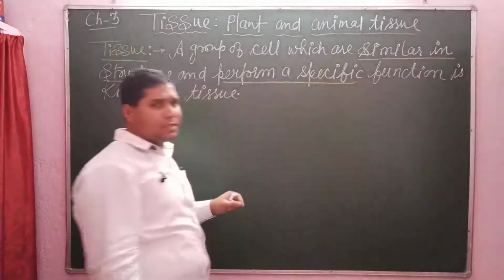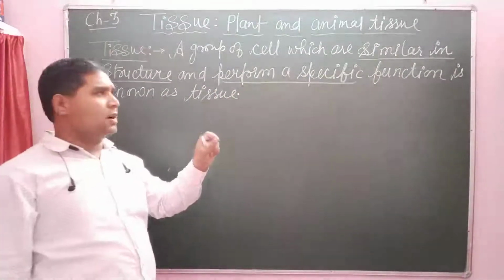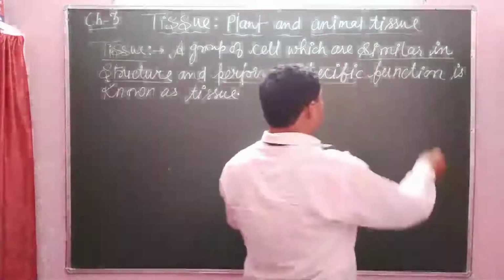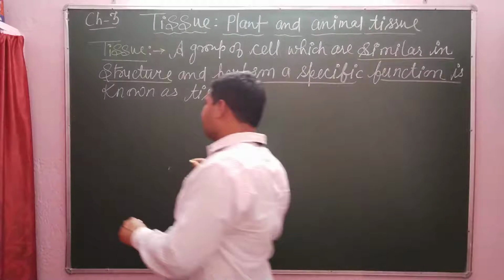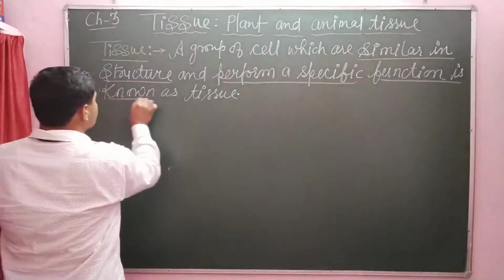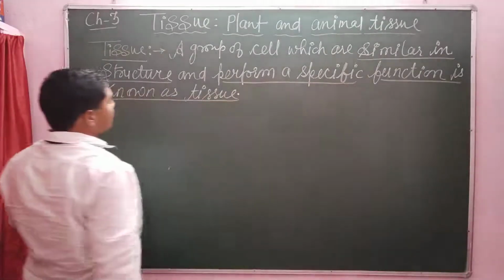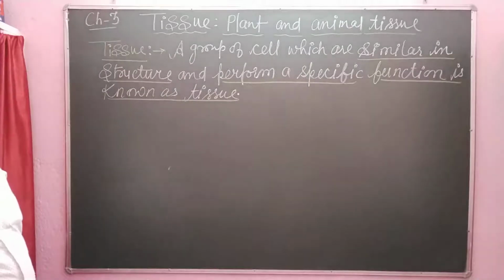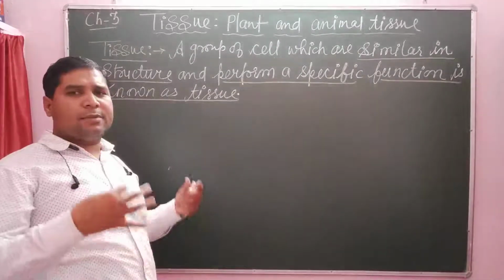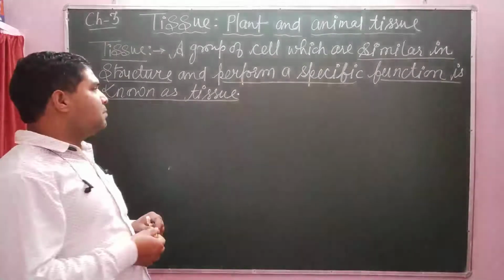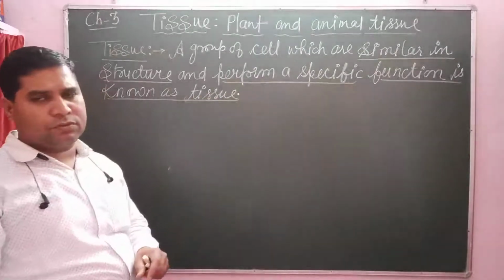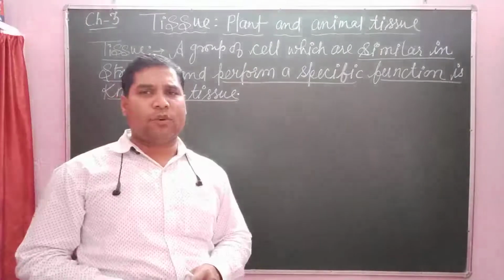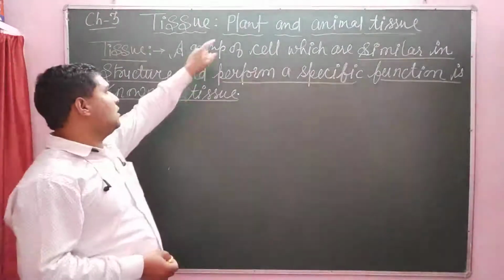A specific function means a special function, termed as tissue. So dear student, a group of cells which are similar in structure and perform a specific function is known as a tissue. So first I am going to explain you about the plant tissue.